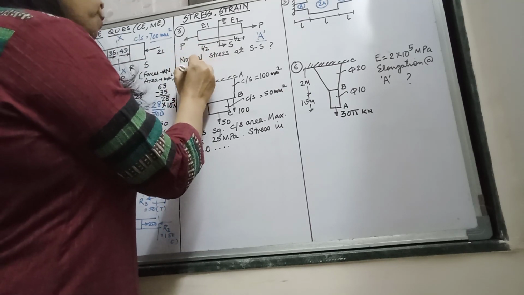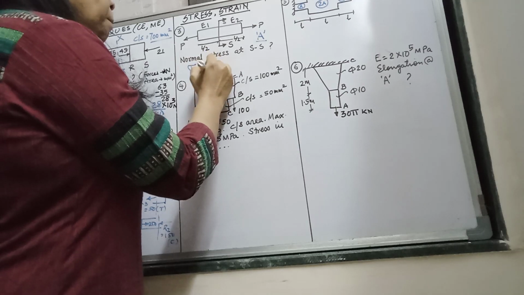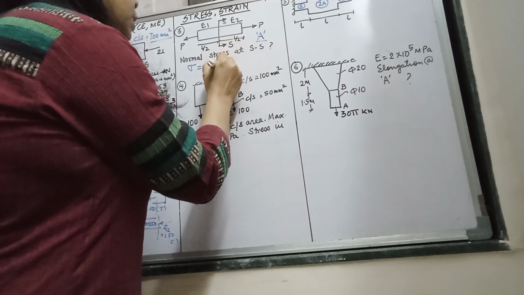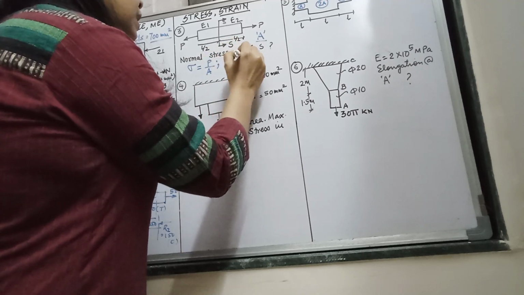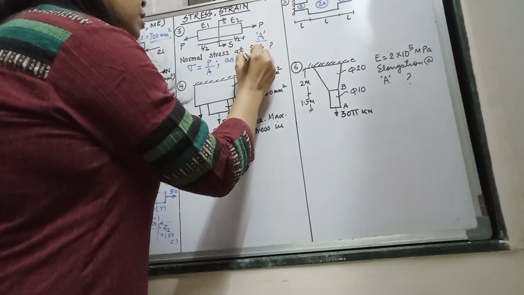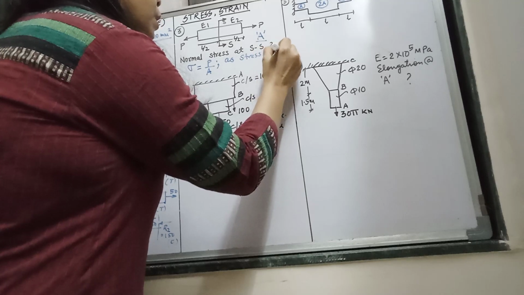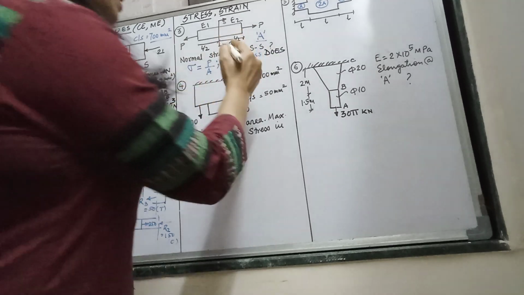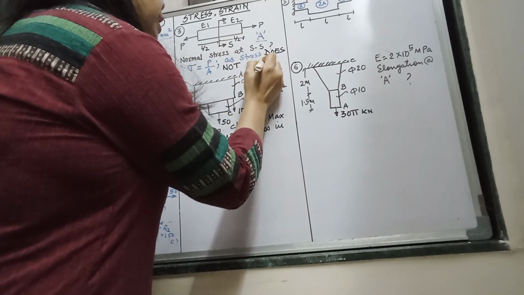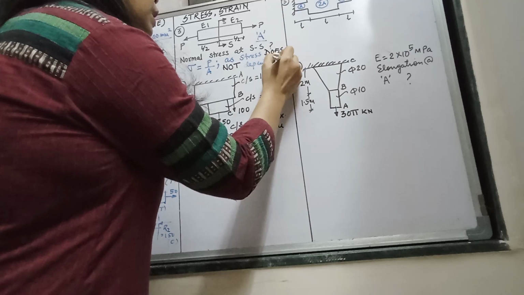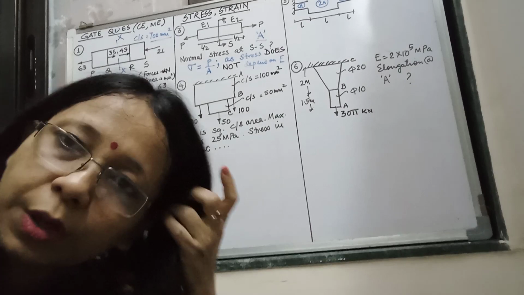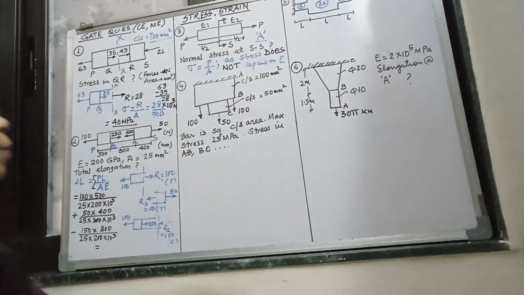So the normal stress over here will be P by A only, because stress does not depend on E, modulus of elasticity. Is it okay? Have you understood? Okay. This is a very good question.